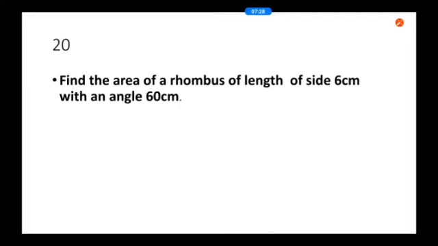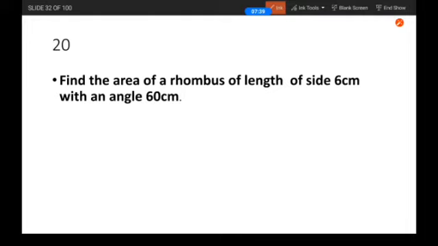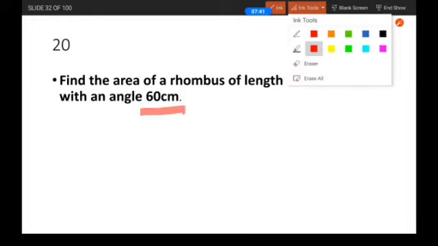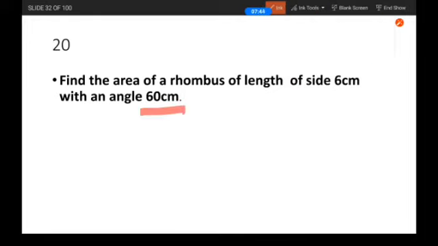Find the area of a rhombus of length of side 6 centimeter with an angle now. Look at that. There is an angle now that we have here. We have an angle given. So anytime we have an angle given, the formula will be area equals L squared sine theta.